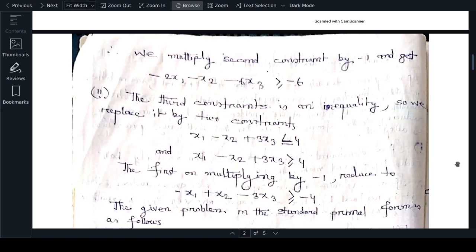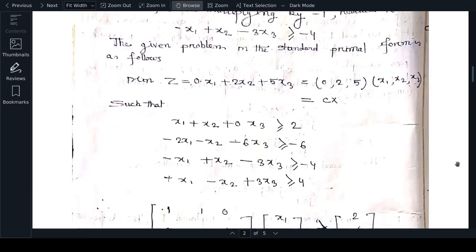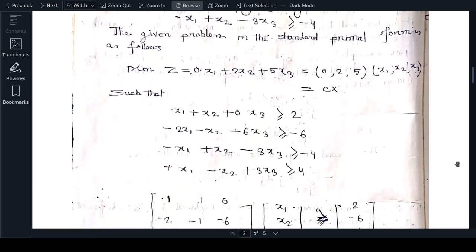In the third constraint, the first one, multiplying by -1, reduces to minus x1 plus 2x2 minus 3x3 greater than or equal to -4. So here we get all the constraints. So the given problem in the standard primal form is as follows.